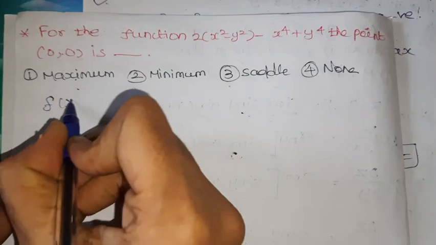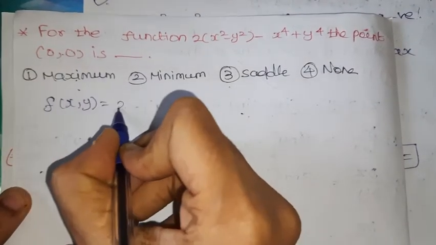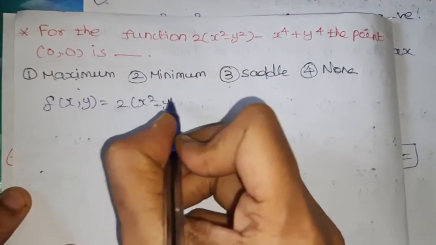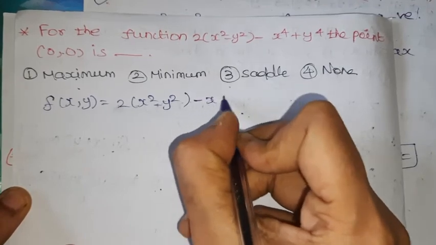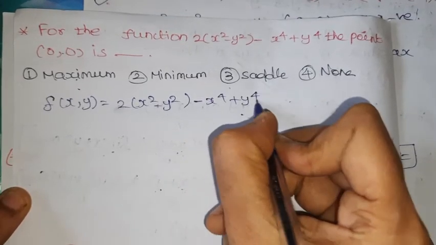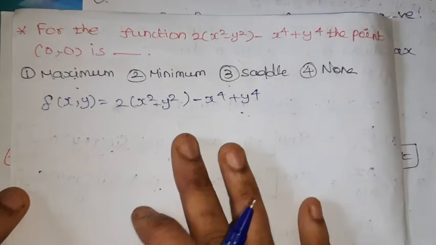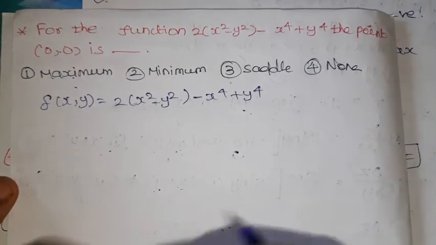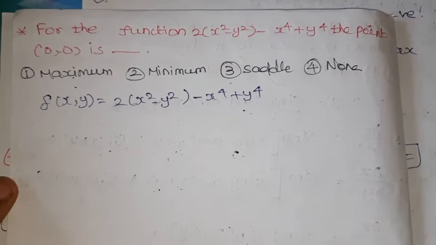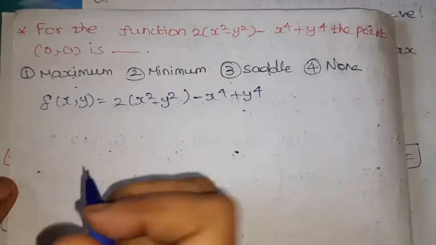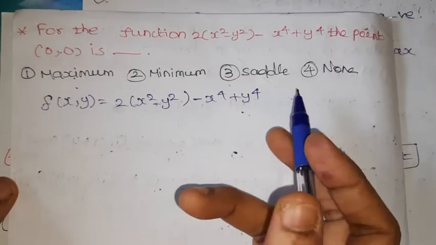F of x comma y equal to 2 into x squared minus y squared minus x power 4 plus y power 4. So this is the given function. We need to find out dou f by dou x and dou f by dou y at the given point, and determine whether it is maximum, minimum or a saddle point.